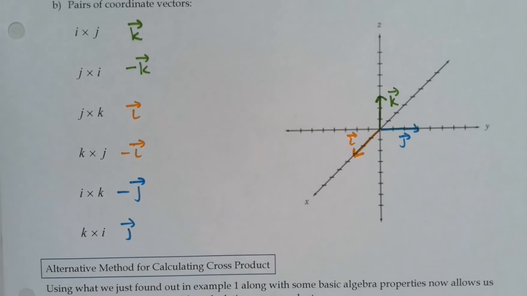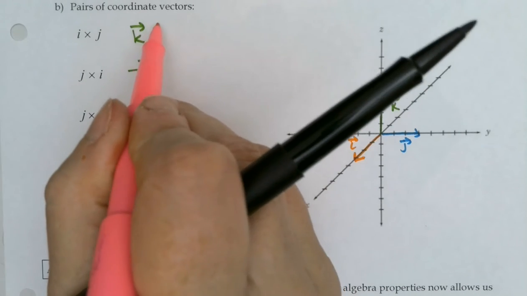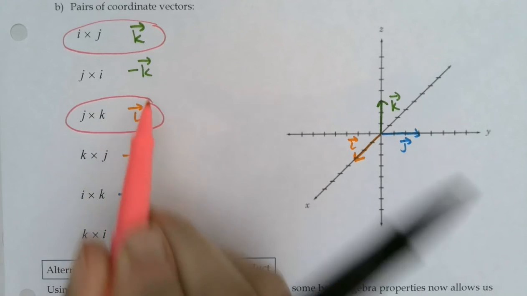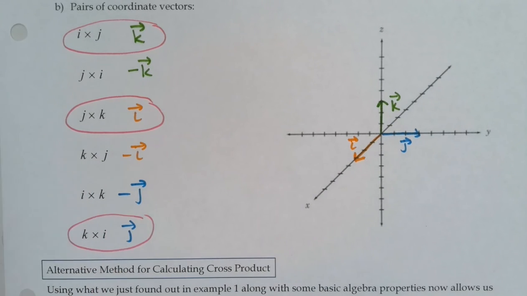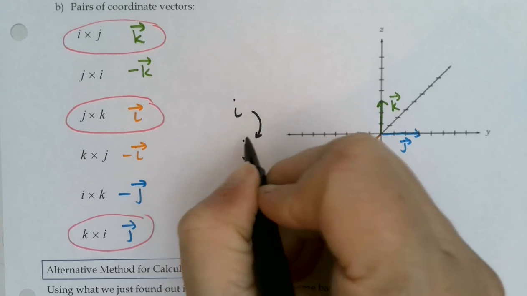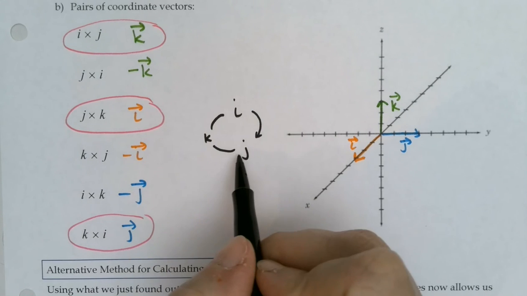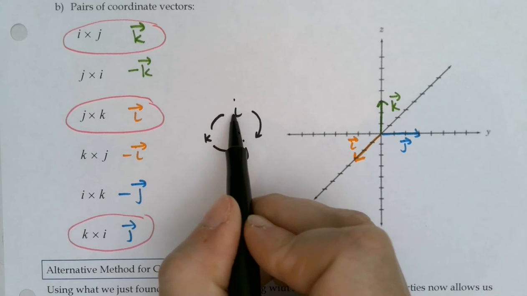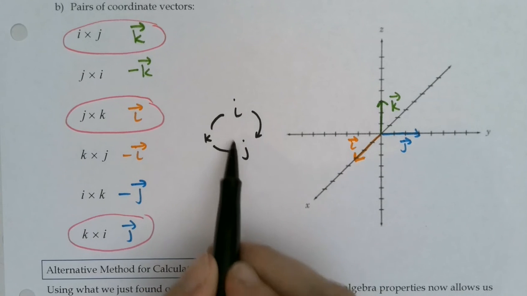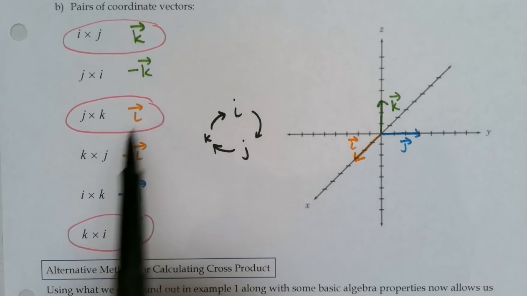Now you'll notice there's a little bit of a pattern here if you pick up on three of them. If I have I, and I cross it with J, I'm going to get K. If I take J and cross it with K, I'm going to get I. And if I take K and cross it with I, I'm going to get J. There's a pattern to this that rotates this way amongst these three.